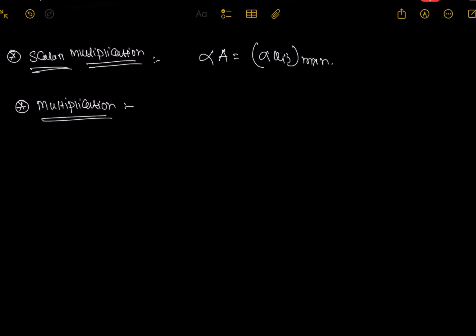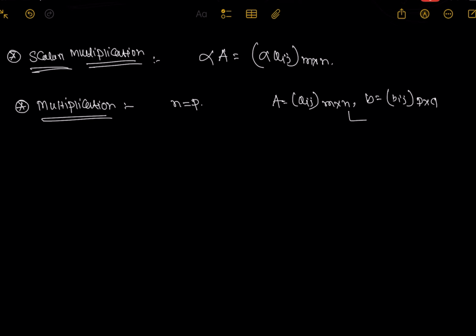For this case, we should only provide n equals p, where A equals a of ij, which is m cross n, and B equals b of ij, which is p cross q.